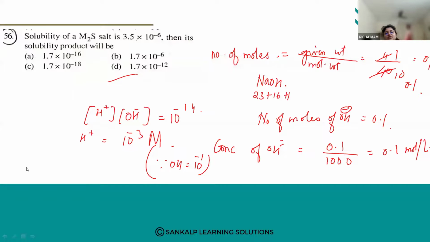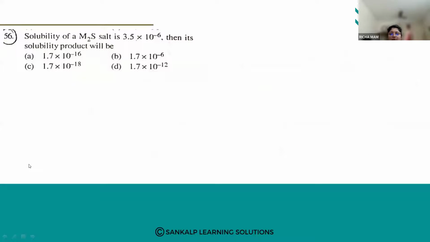Okay, so this is a question based on solubility. Solubility of an M2S salt is 3.5 into 10 raised to minus 6. Then its solubility product will be? So M2S, if it splits, it will split into 2M plus and S minus, so this will be 2x and this is x.